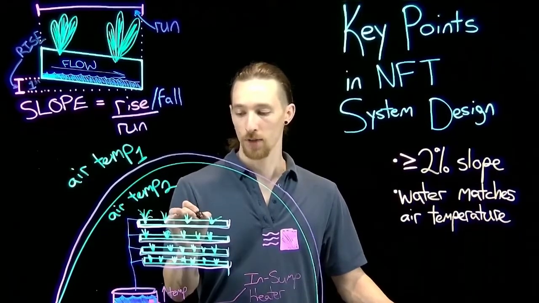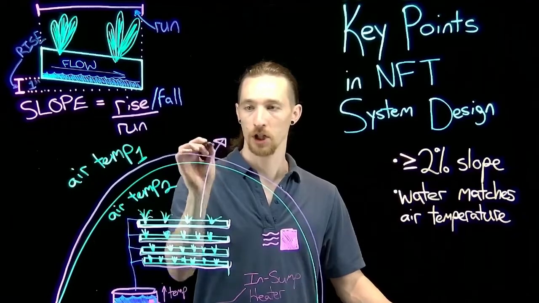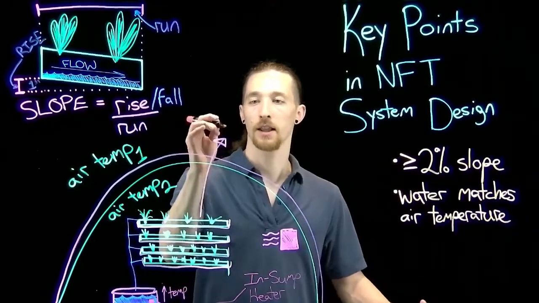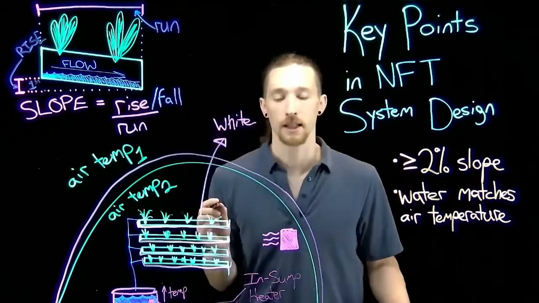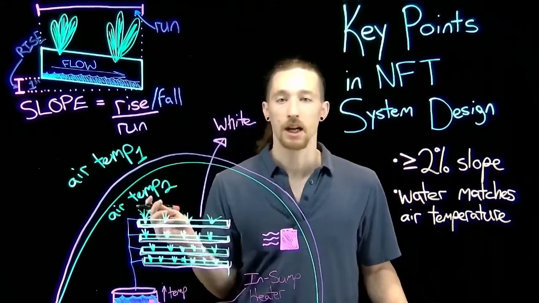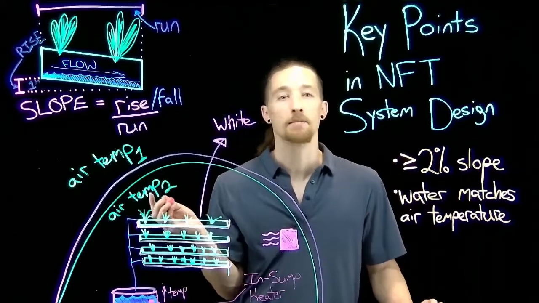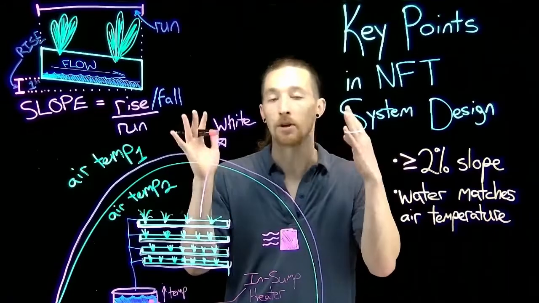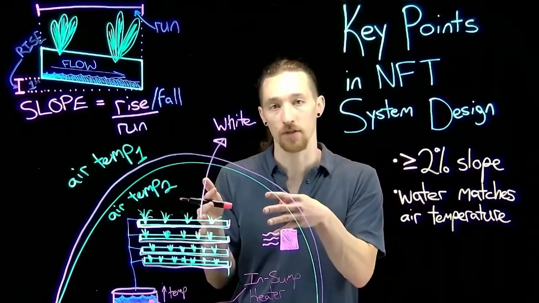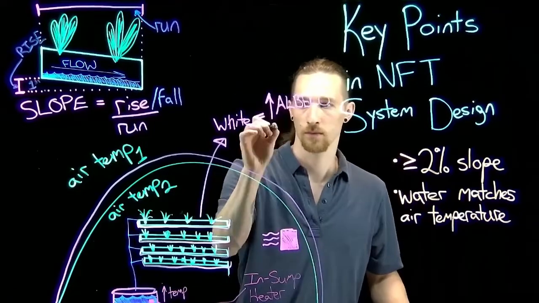If you begin looking for professionally produced NFT channels, you'll find that they're quite often, or almost always, white. This is because it's got an incredibly high albedo value. So albedo is a measure of how much incoming radiation, how much incoming light that's striking a surface is absorbed and retained by that surface.